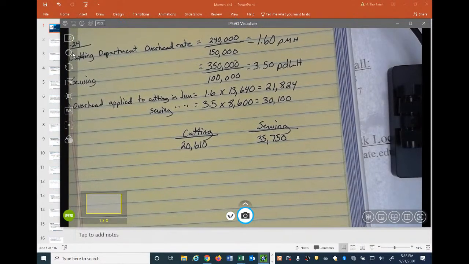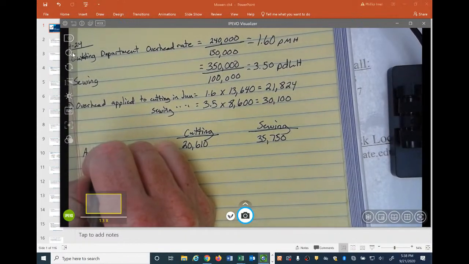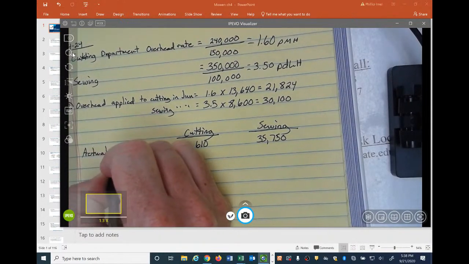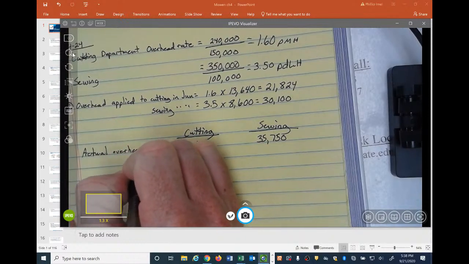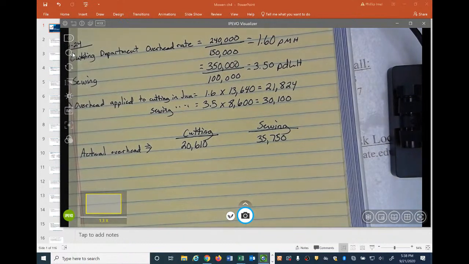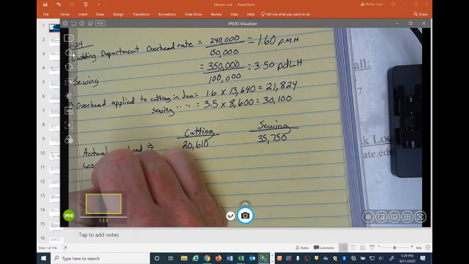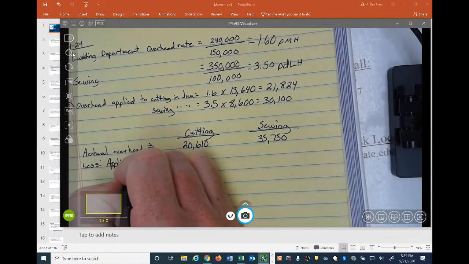So now we've got our little charts here. This is the actual overhead for the cutting and sewing. So next we need to back out what? Your applied overhead, right? So then we'll just do less applied overhead.